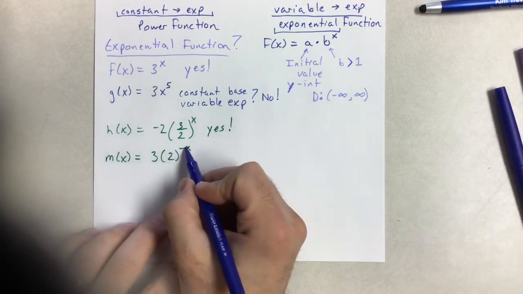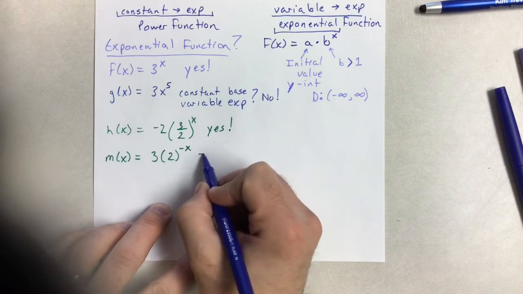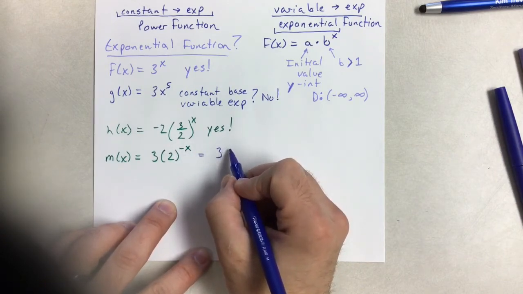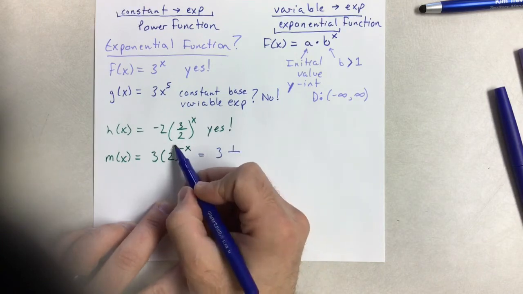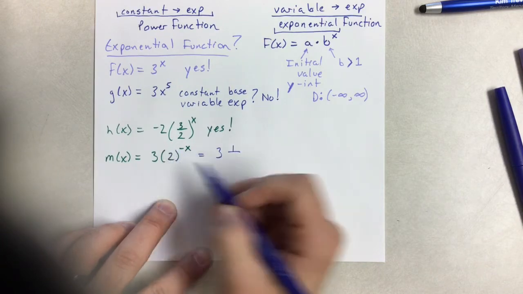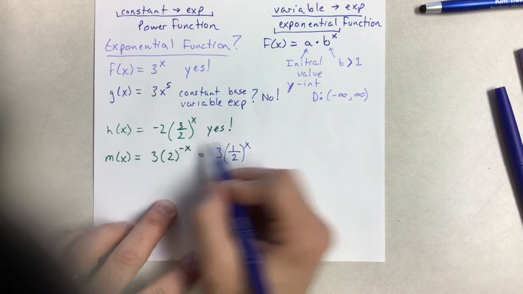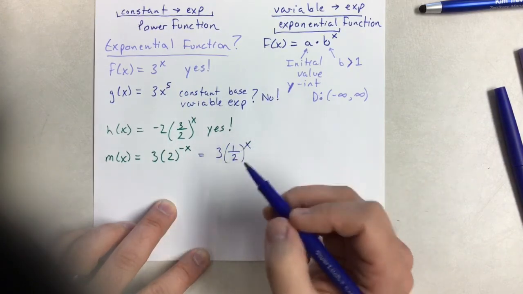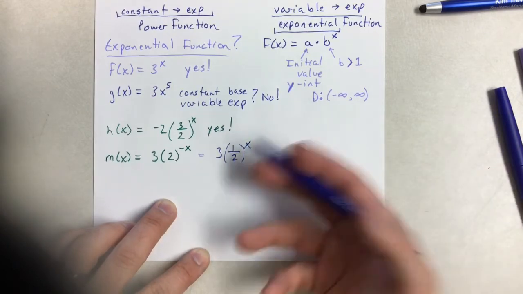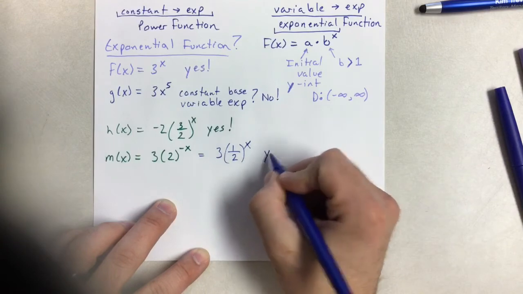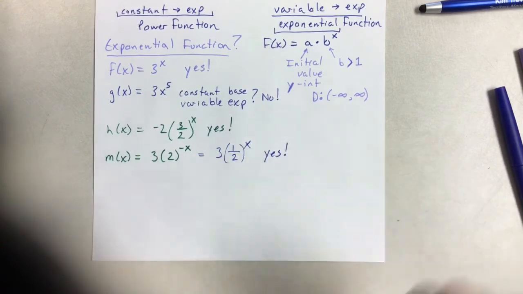So what we've seen before with exponents is a negative exponent truly results in us looking at the reciprocal. So it would be 1/2 to the power of x. That's the effect of the negative on the exponent. So now we examine it again. Constant base, yes. Variable exponent, yes. Therefore, we have an exponential function.